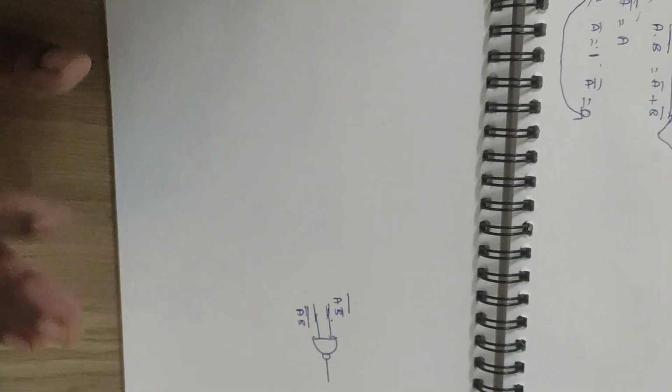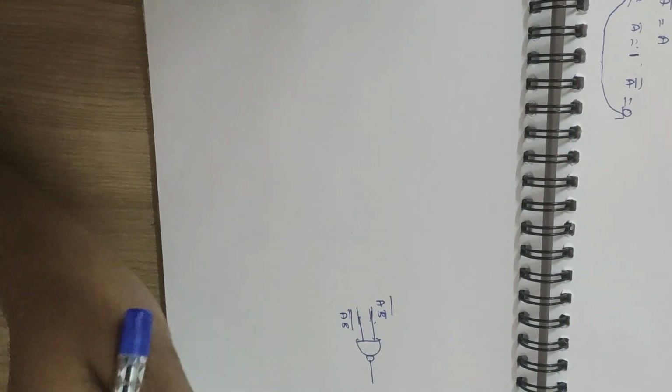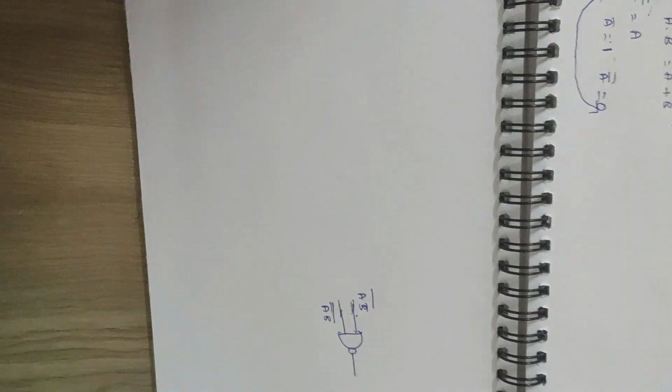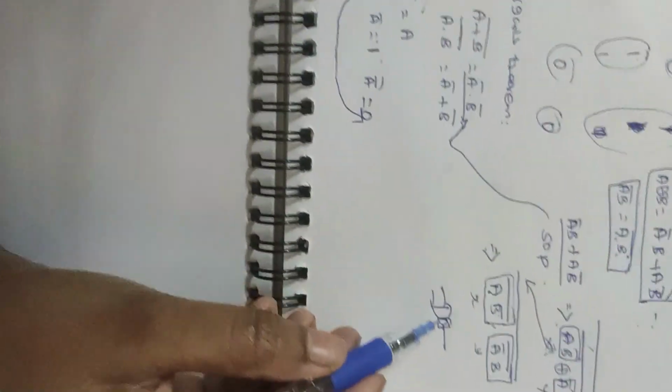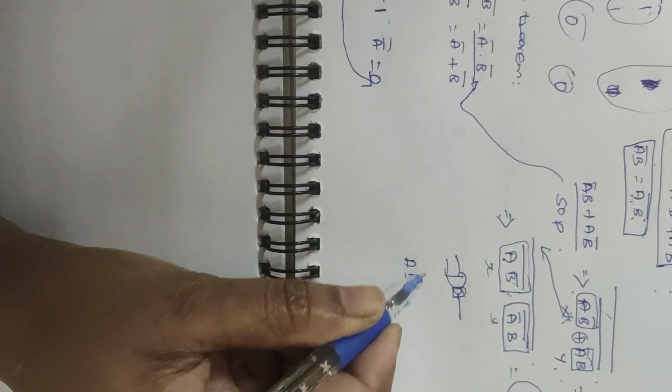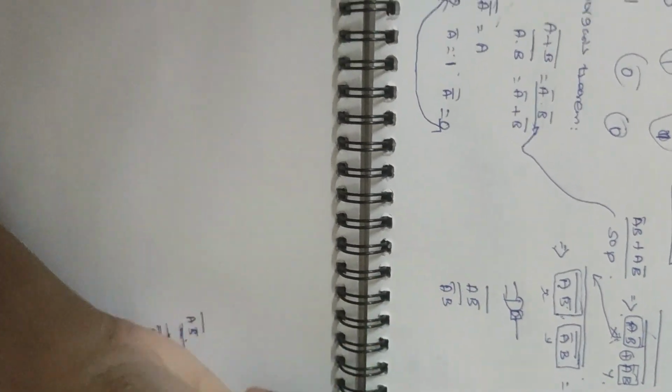Now this is the only thing we have to implement: (AB bar)bar and (A bar B)bar, and we only have NAND gates. The NAND gate will always invert the output, so with NAND gates we have to implement (AB bar)bar and (A bar B)bar, two operations.